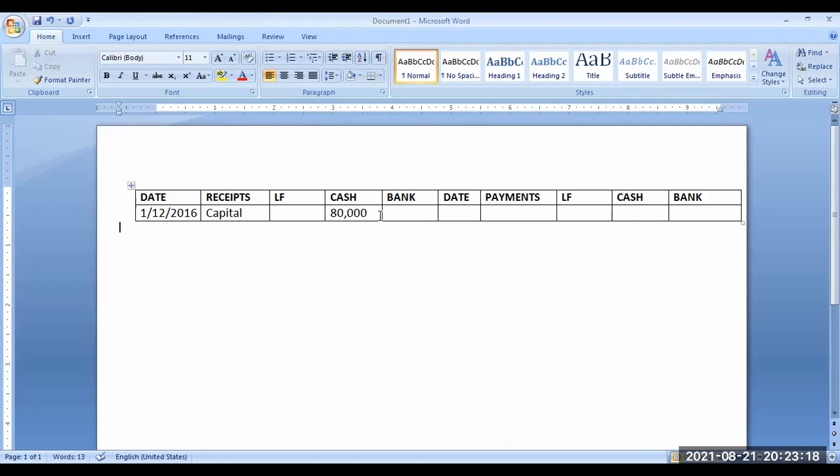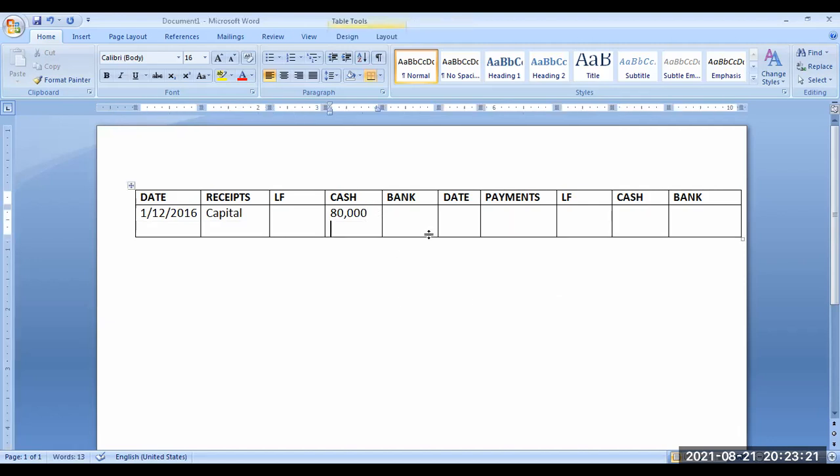In the bank column, 50,000. No, in receipts, we have to mention cash. Very good. What is the date? 4/12/2016.